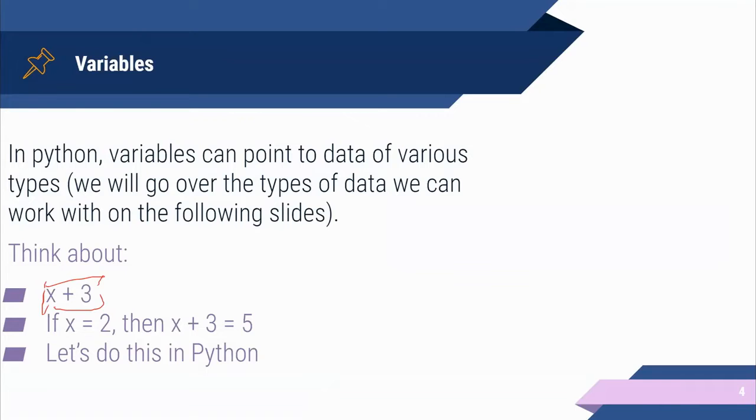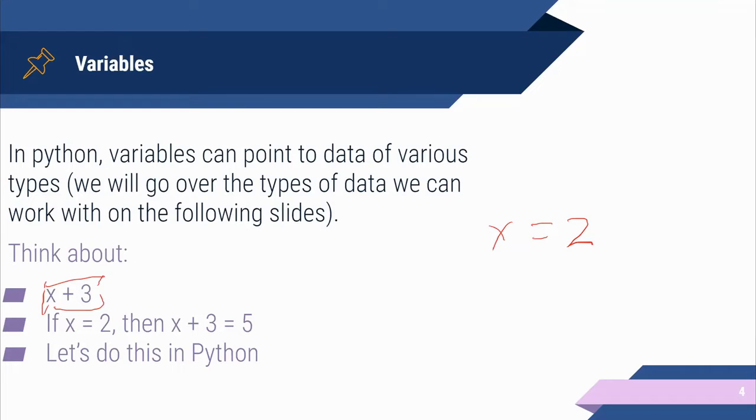So if I wanted to have some variable called x, analogous to the math example, and we want to set it equal to some value, which we'll say 2, we can just type this into our Python terminal, and then we'll have a variable whose value is equal to 2. We can always use this variable later.